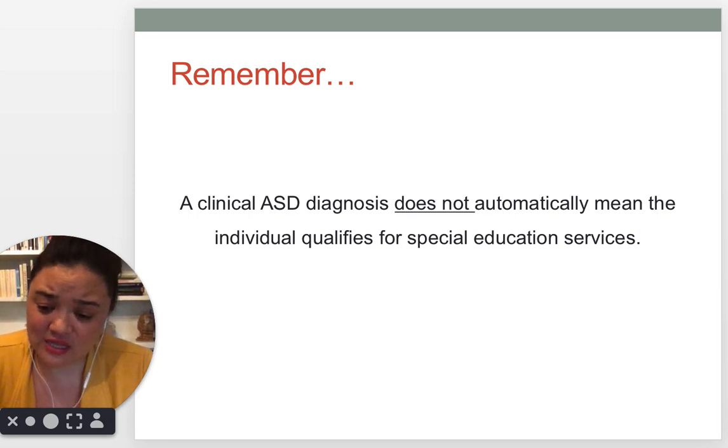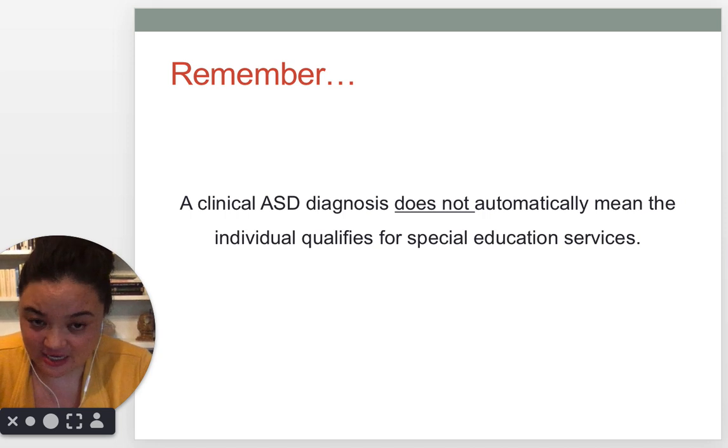Now, individuals with autism can qualify for special education services if their behaviors warrant it or are impeding their ability to access or learn in school settings. But in order to qualify for special education services, that is determined by the school district's educational team, right? So they conduct their own separate school evaluation, right?